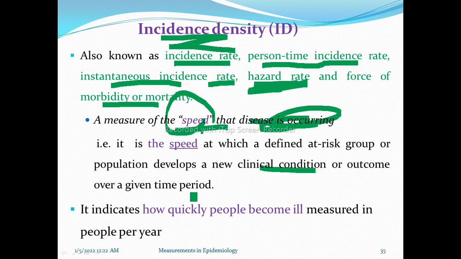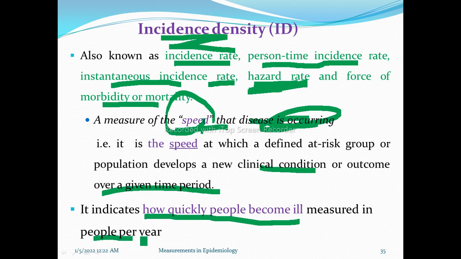So there is an at-risk population, and incidence density measures the speed at which it develops a new clinical outcome, disease or event. It indicates how quickly people became ill, measured in people per year.